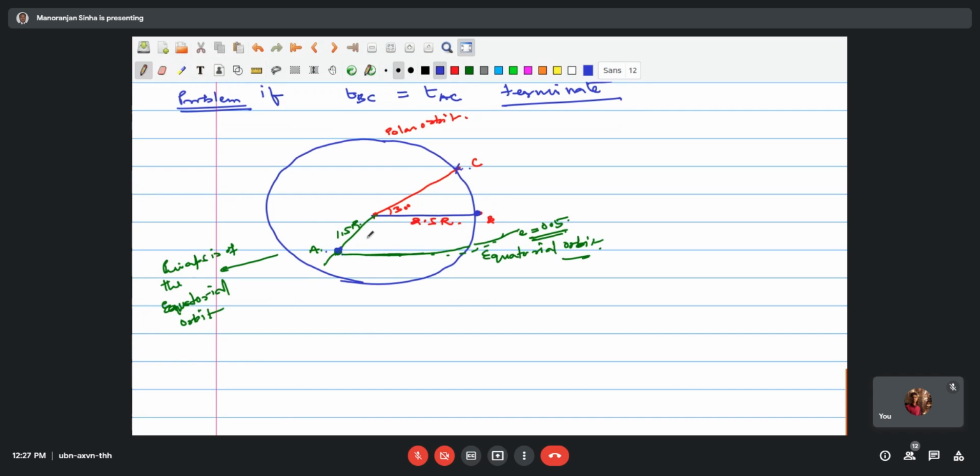And this catching then requires that the satellite should be in an orbit like this, which is inclined to the equatorial orbit.